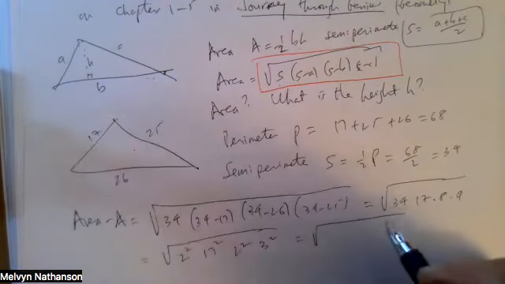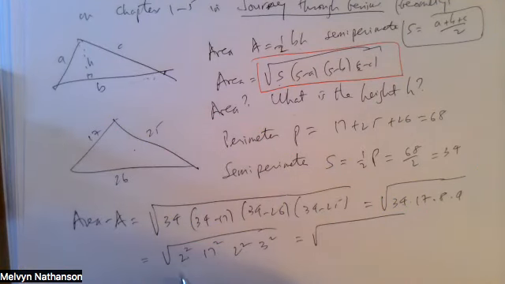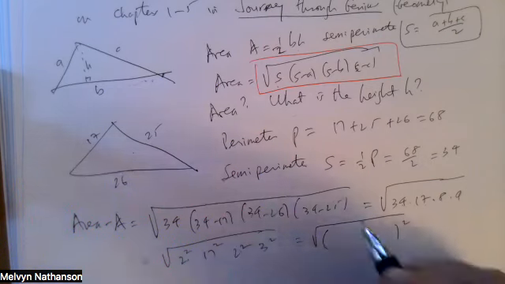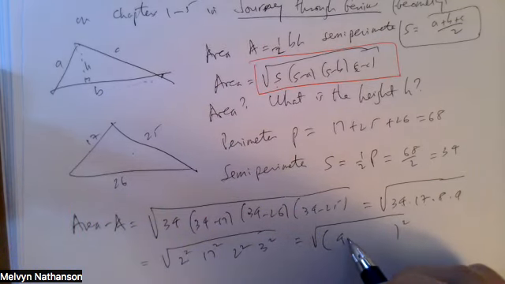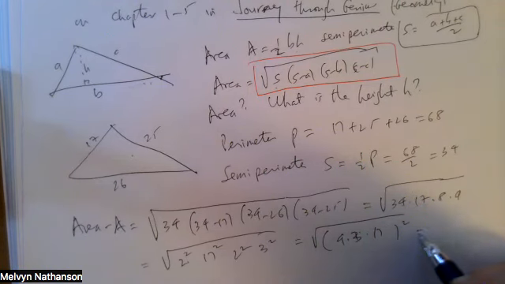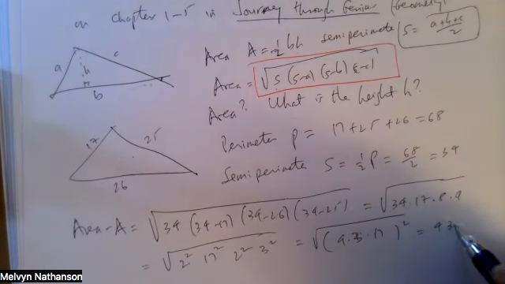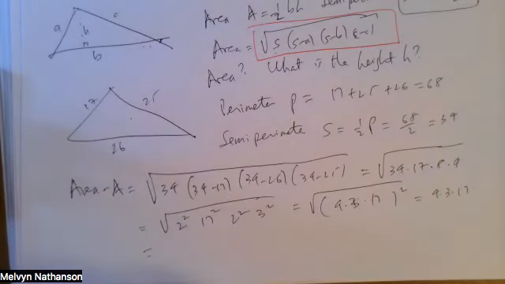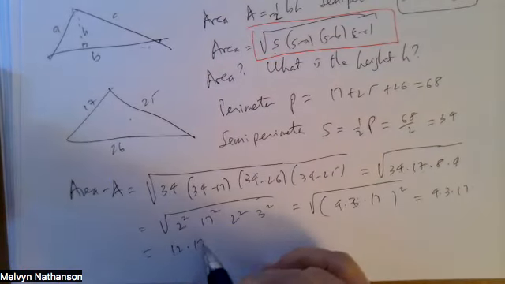Oh, so this turns out to be a perfect square. This is the square root of what squared? 4 times 3 times 17. So that is 4 times 3 times 17. So that's 12 times 17.